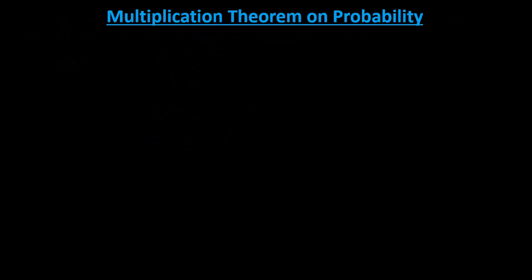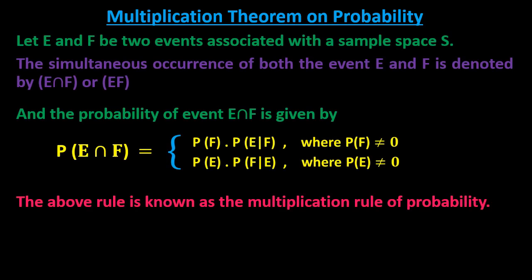After solving exercise 13.1, where we have solved the problems related to basic probability and conditional probability, now we move on to the next topic of the chapter on probability, which is the multiplication theorem on probability. If E and F are two events associated with the sample space, the simultaneous occurrence of both the events is represented by E intersection F, or simply we can write EF.